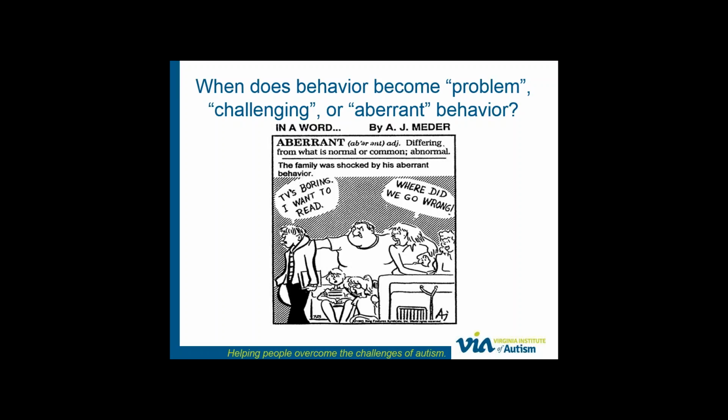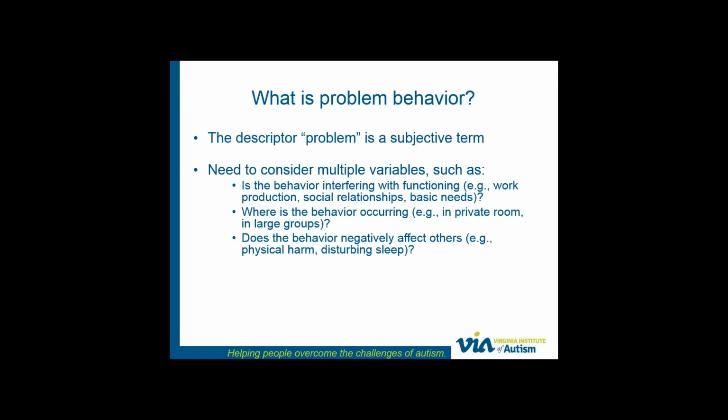Same thing with autism spectrum disorders. For example, if a family is super into football, but their child doesn't really like group sports, and they're being non-compliant and being part of a team, that may be a very big problem for one family, and it may be totally fine and a preference for another family. So it really depends on the context and who's looking at the behavior.